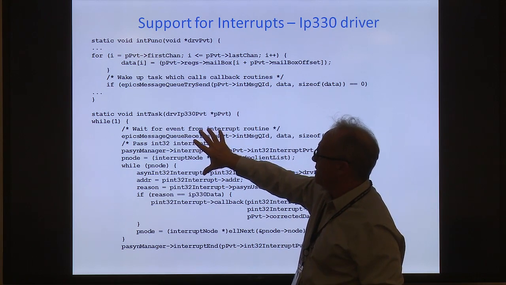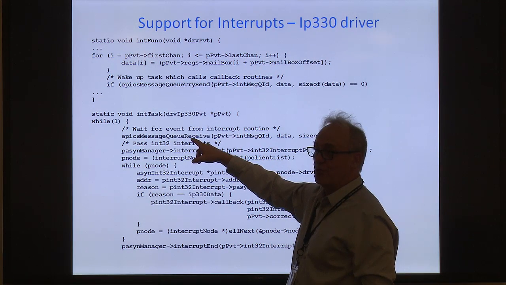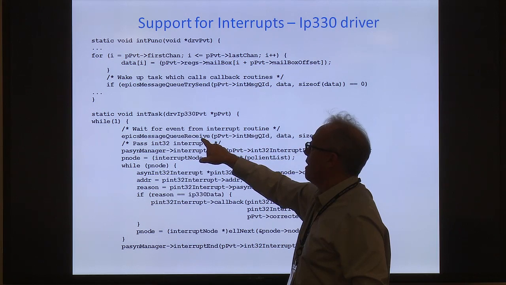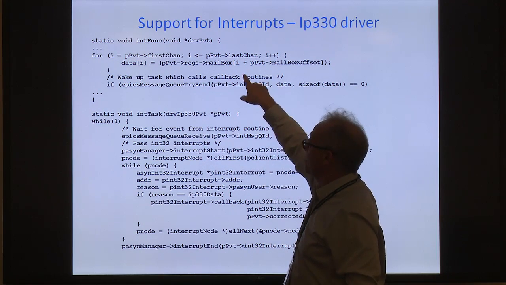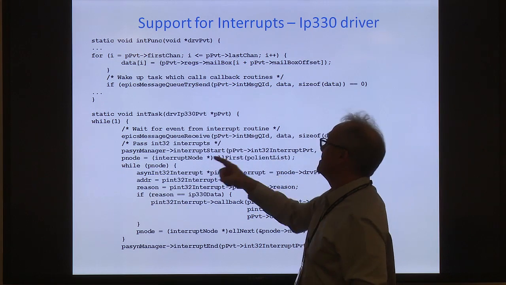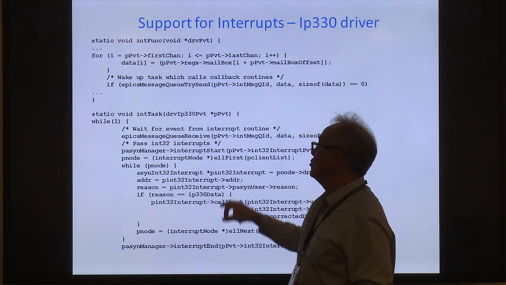Then this is a thread that is running in the driver that's calling EPICS message queue receive in a loop. So it blocks here until the interrupt routine sends it a message. Now it takes the data in that message and loops through doing the interrupt.